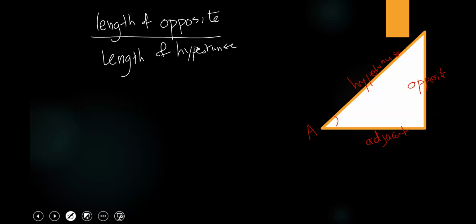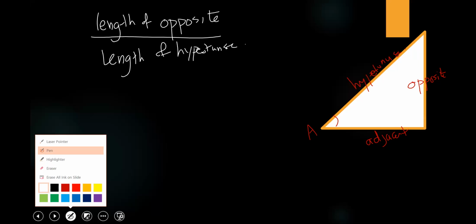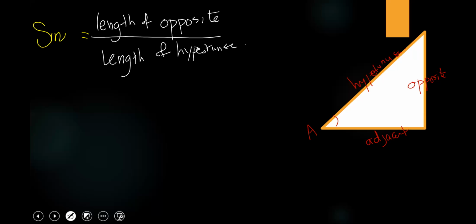Now, the ratio of the length of the opposite side to the length of the hypotenuse, we call it sine the angle A. Sine the angle means the length of the opposite over the length of the hypotenuse.